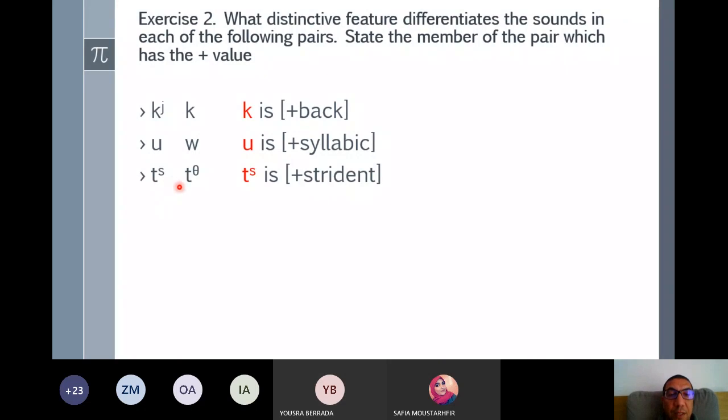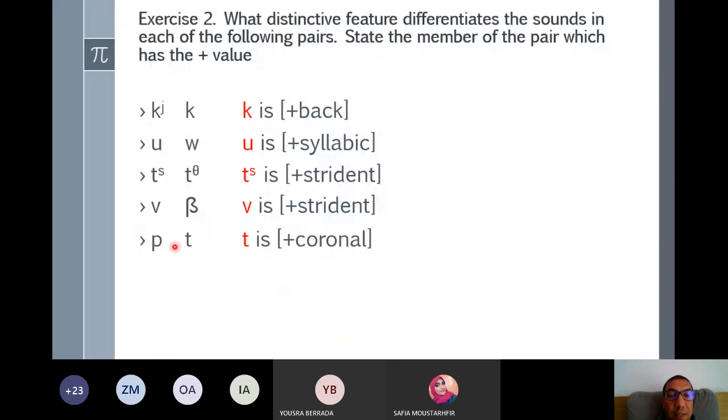The difference between these two affricates is that ts is strident and the other is minus strident. Again, two fricatives, one is plus strident and the other is minus strident.